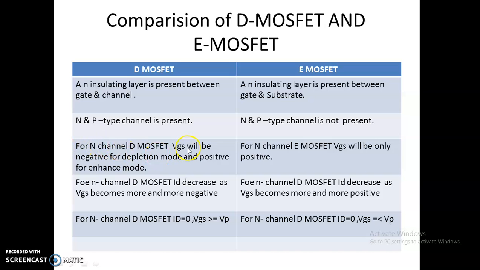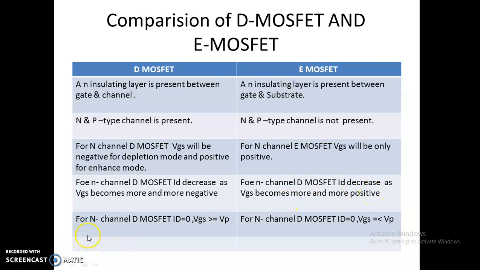For the n-channel D MOSFET, VGS will be negative for depletion mode and positive for enhancement mode. In E MOSFET, for n-channel, VGS will be only positive. For n-channel D MOSFET, ID decreases as VGS becomes more and more negative. In E MOSFET, for n-channel, drain current decreases as VGS becomes more and more positive.